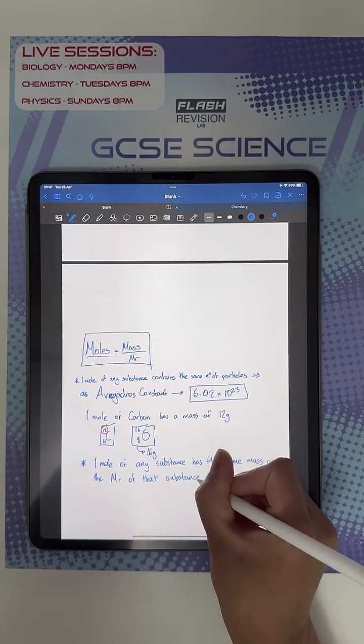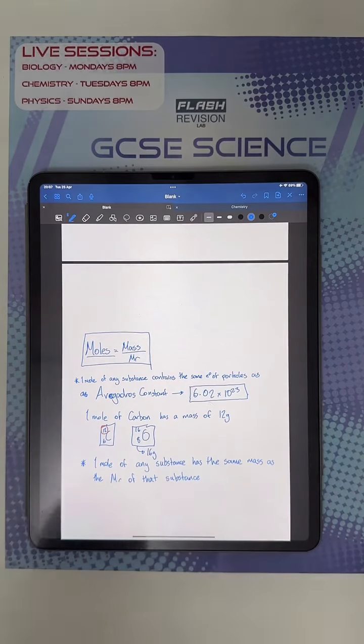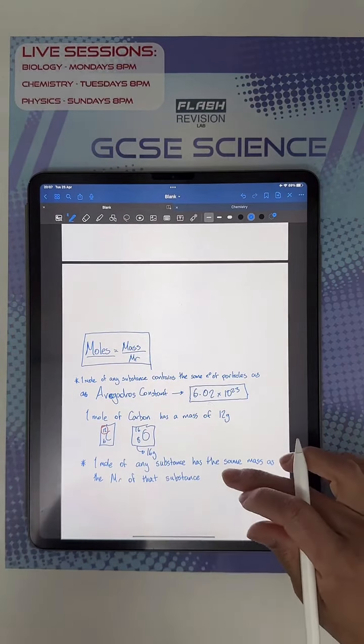When I say MR, I mean the molar mass or the relative atomic mass. So you can say AR as well.